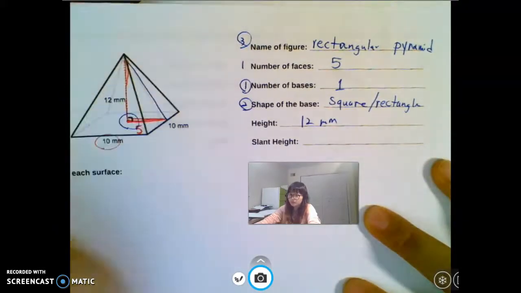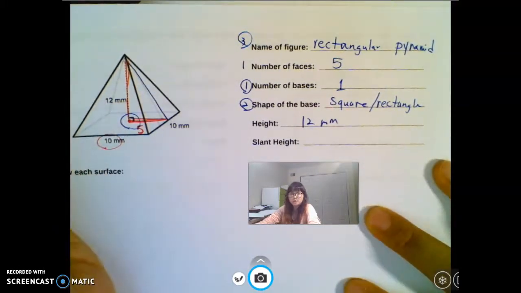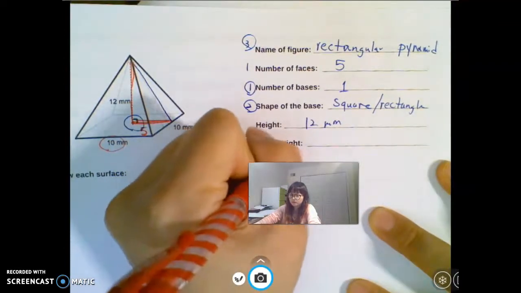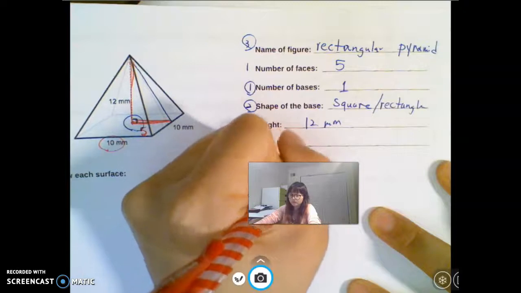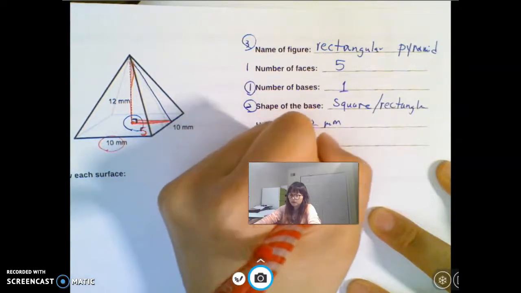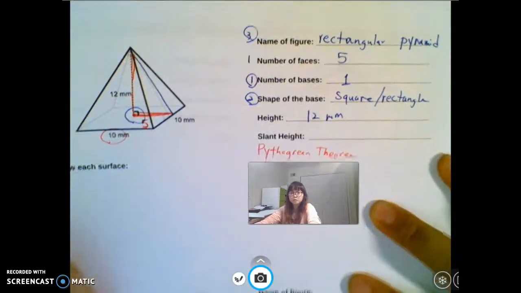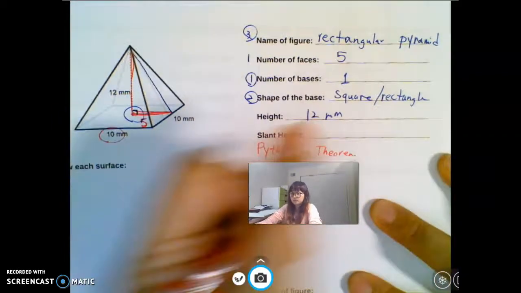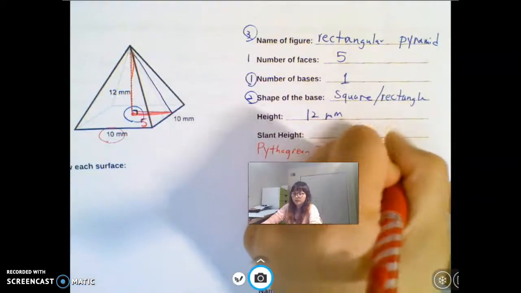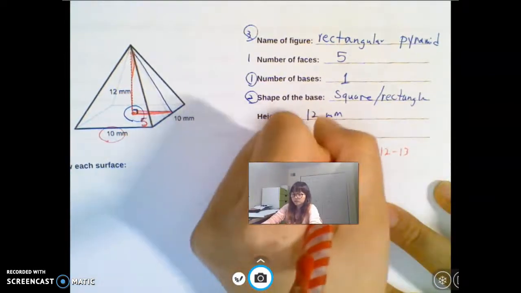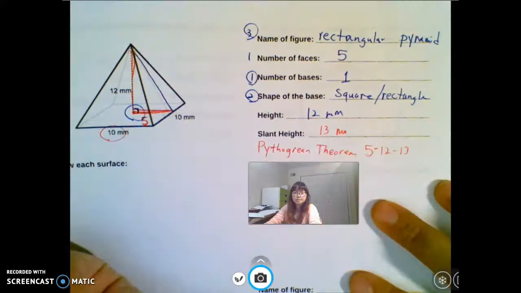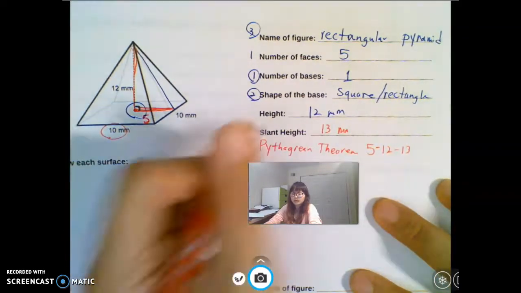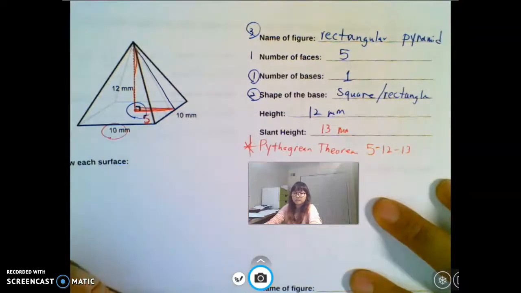The height is 12. So you can figure out the slant height using the Pythagorean theorem. It's a special triple: 5, 12, 13. So it should be 13. In an honors class, you'll have to find it using the Pythagorean theorem.